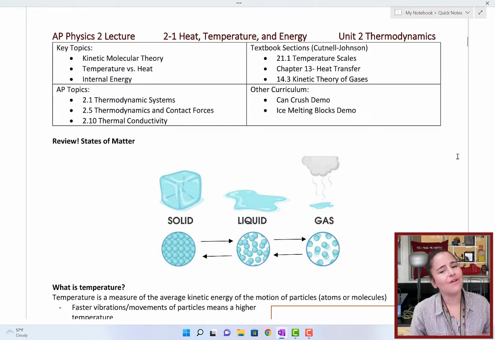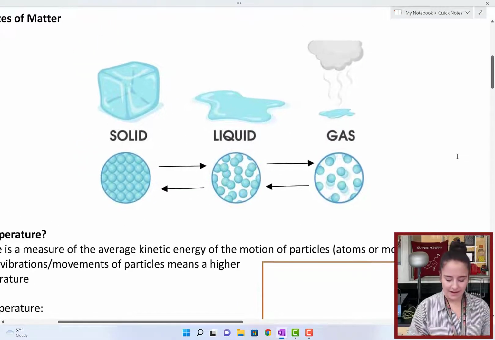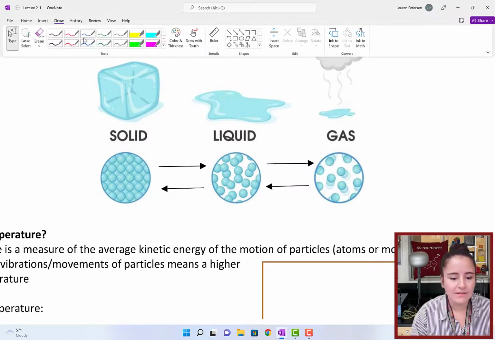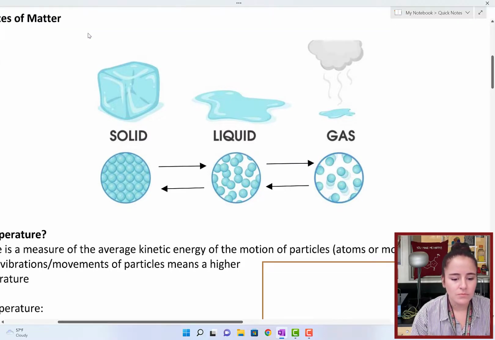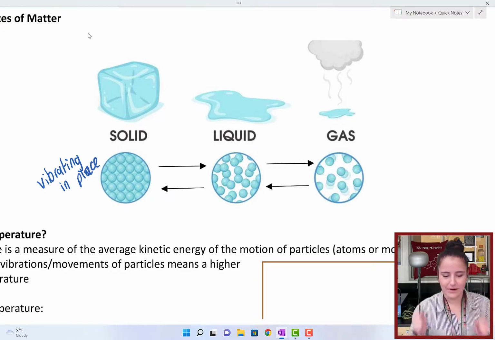Before we get to that, though, let's do a quick review and make sure we're all on the same page with the states of matter. It might have been a while since you learned these. As a reminder, in a solid, the molecules are just vibrating in place.